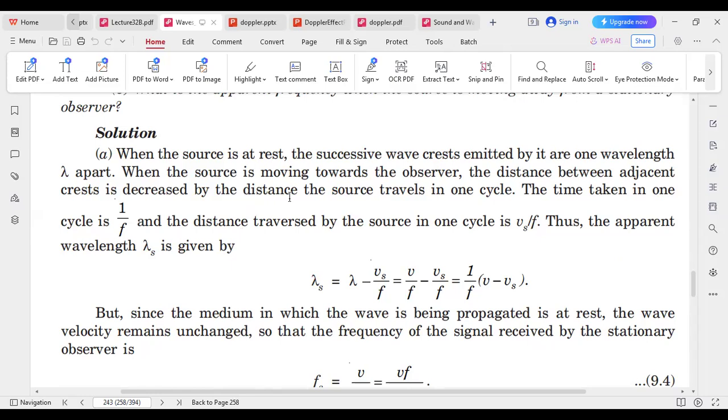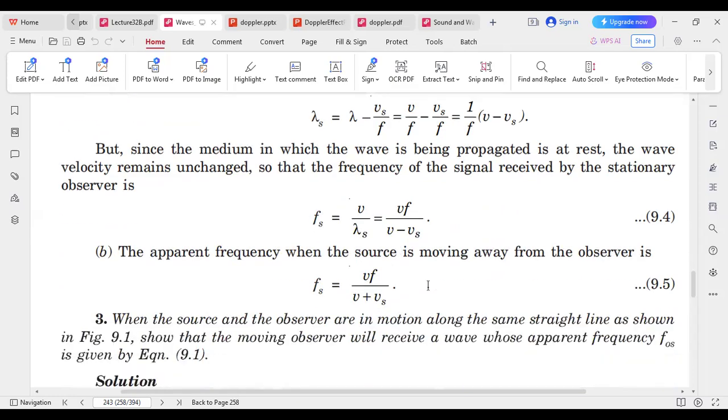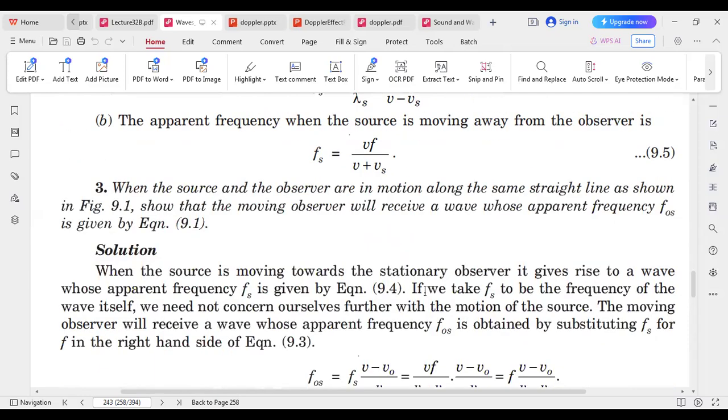The time taken for one cycle is 1 by f, and the distance traveled by the source in the cycle is vs by f. Thus, the apparent wavelength lambda s equals lambda minus vs by f. So the frequency will be v by lambda s, which equals this. Similarly, we get the second part.